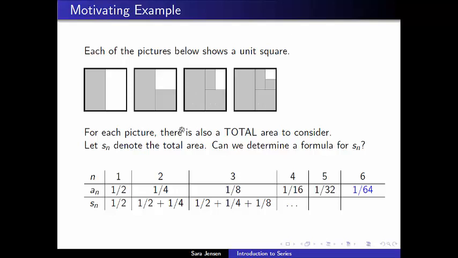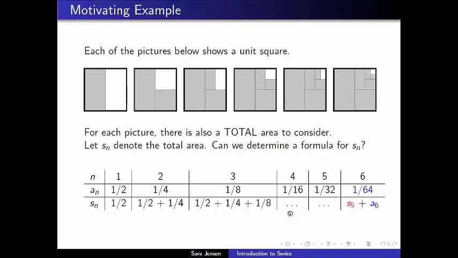And we can continue in this way, but our sums start to get very long and make us run off the page. So for now, I'll put ... for stages 4 and 5. And then let's take a look at stage 6 to notice a pattern. At each stage, what I'm doing is taking the term that I have, my new area, and I'm adding that to the area that I had in the previous stage.